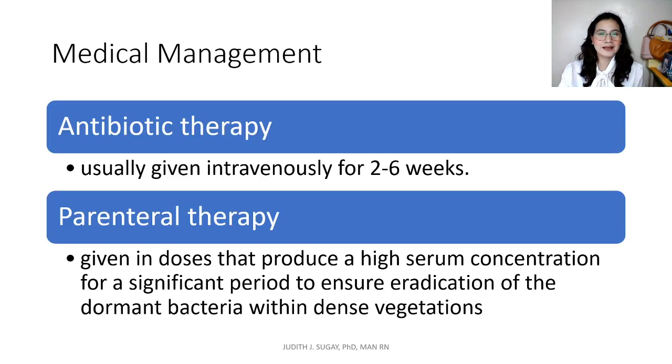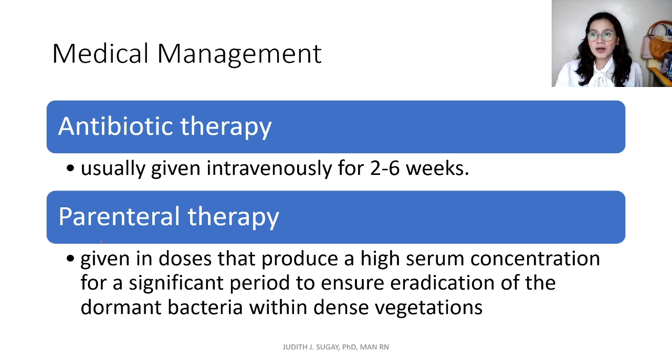Basically, since there is infection, there is antibiotic therapy, which should usually be given intravenously for 2 to 6 weeks. The type of antibiotic depends on the result of the blood culture test, depending on the type of pathogen, whether bacteria, fungi, or any other.